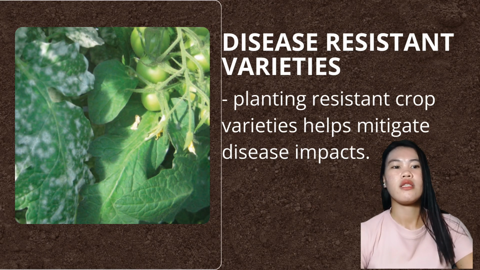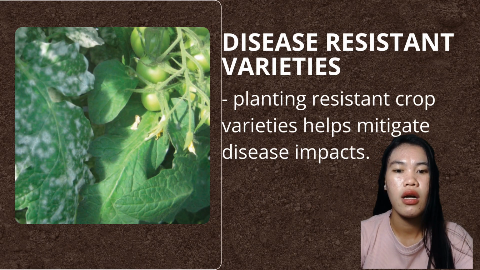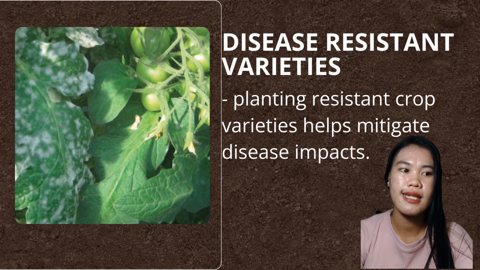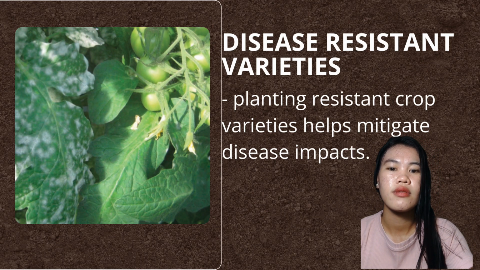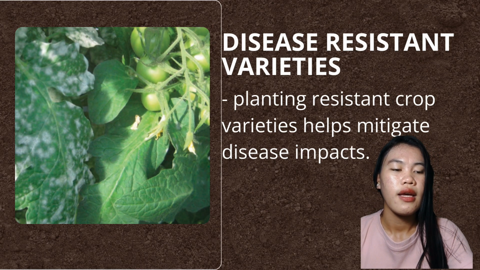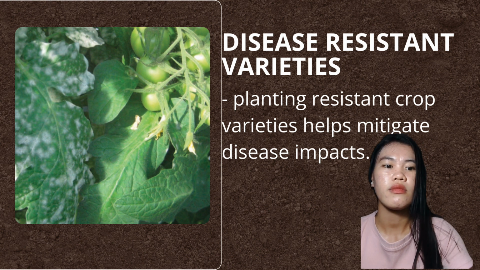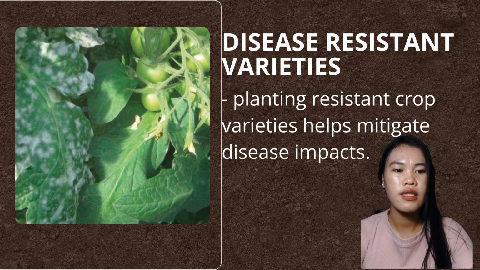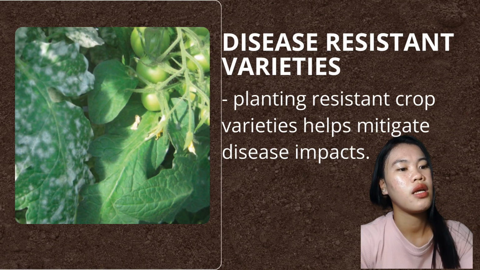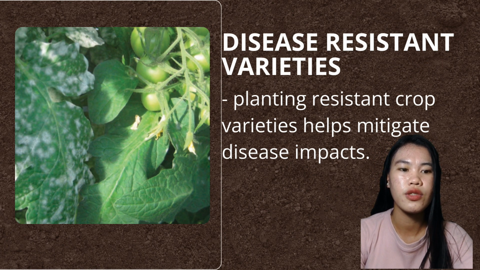So dito naman is yung pagbabawas ng mga paggamit ng mga pesticides is na-improve yung mga yields and yung area. And so hindi sila immune and work best with cultural practices like crop rotation.